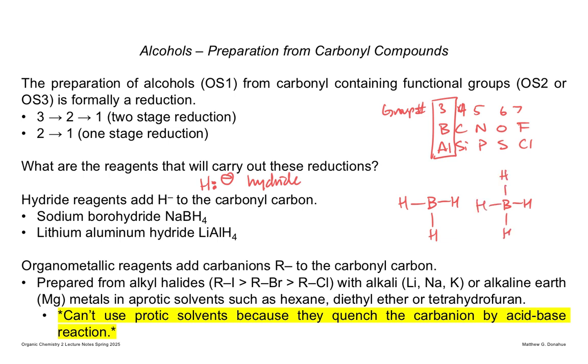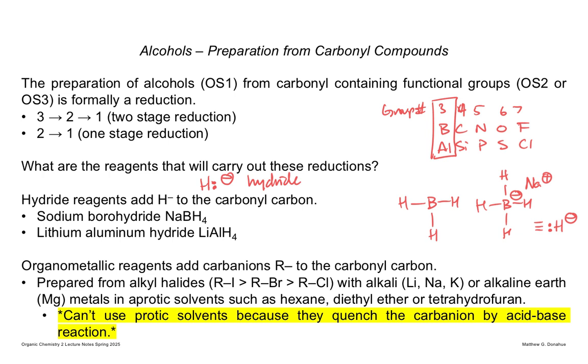When boron gets that extra hydrogen, it becomes minus, and it's balanced off by the sodium cation. A way to think about that reagent is it's equivalent to supplying H minus. And the same thing for lithium aluminum hydride. Those are reagents that add H.